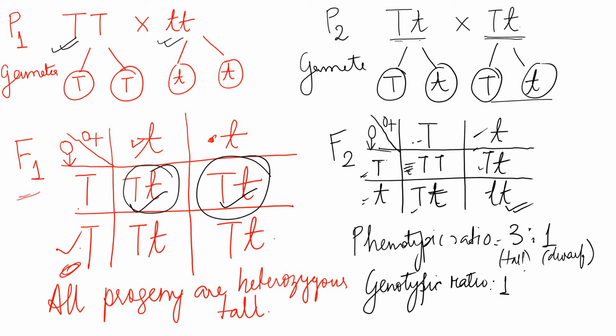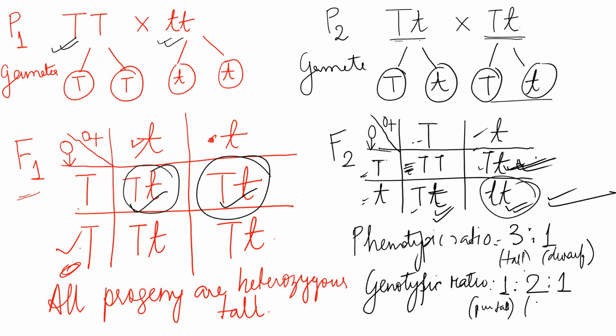See, this is the pure tall, capital T, T. Two heterozygous tall, this is one heterozygous, this is one heterozygous, and one pure dwarf. Okay, this is pure tall, heterozygous tall, I am writing it in short, and this is pure dwarf, right?